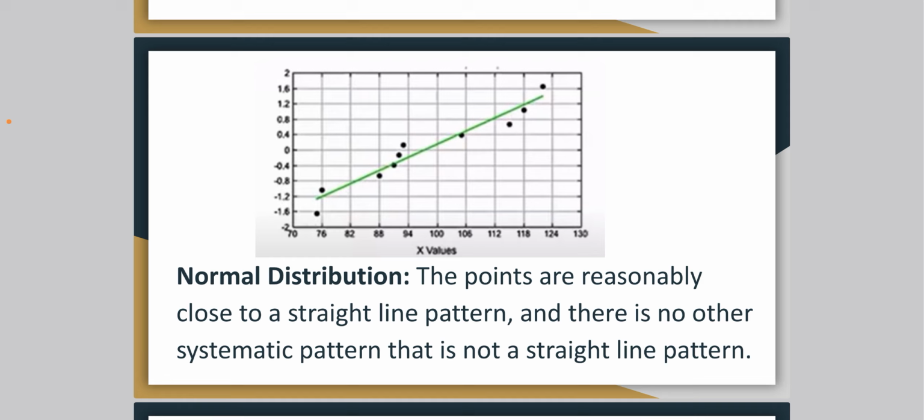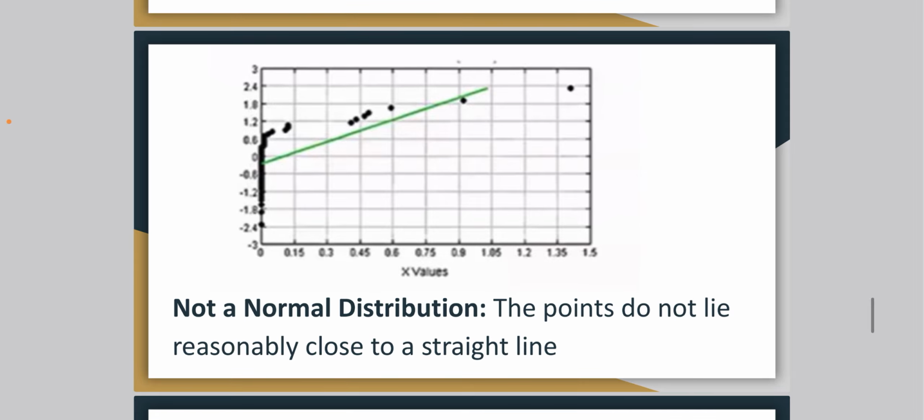Now, it's not a systematic pattern. It doesn't have some type of specific pattern to it. This right here, not a normal distribution because this is not kind of like a median line. If you see all of that, the frequency, all that data to the left, and that line isn't centered towards the data.